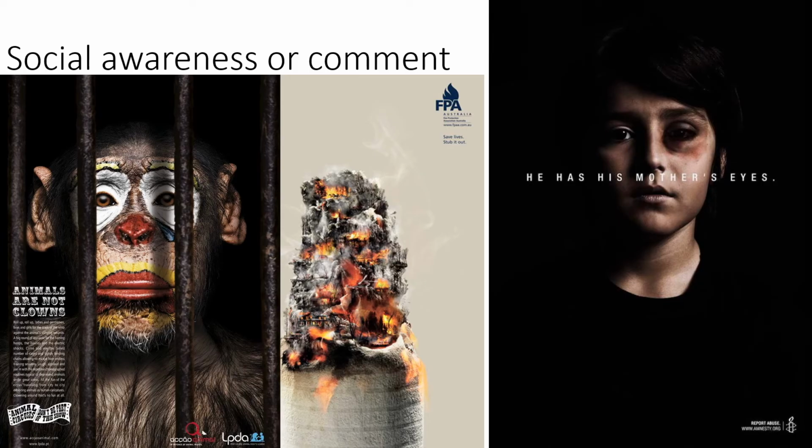The last advertisement is a social issue advertisement that makes awareness of child abuse. The darkness of the background draws our attention to the child's injuries. The inclusion of the message over the face of the child reminds us that abuse does not only leave physical bruises, but also mental ones, because the child remembers the eyes of the abuser. And this is an image that will haunt the child for a long time.